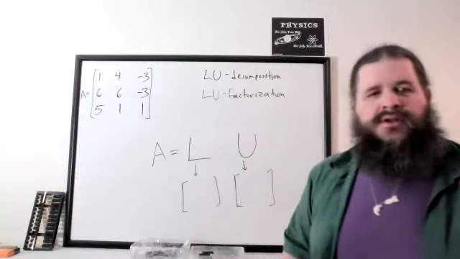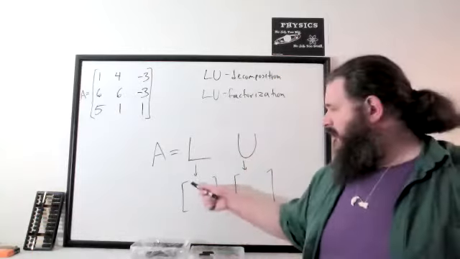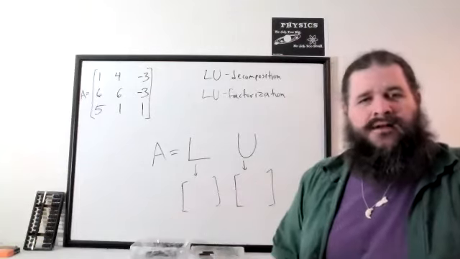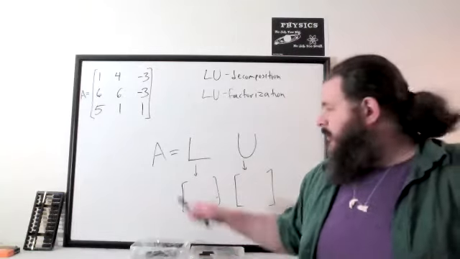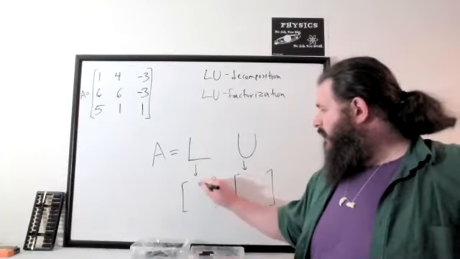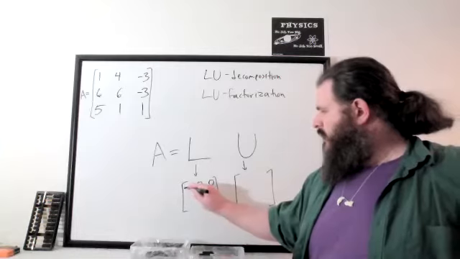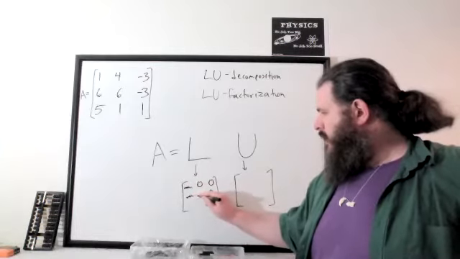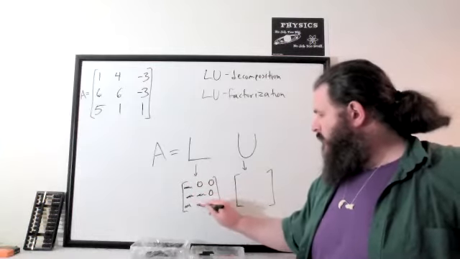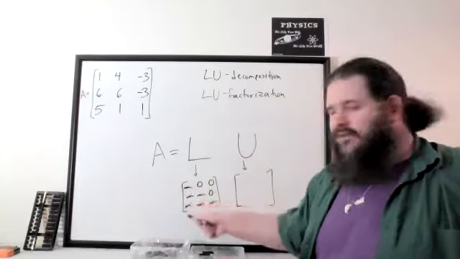So L being purely lower triangular means we can have stuff in the lower triangle below the main diagonal. We might or might not, but the important thing is everything above the main diagonal must be 0. And then you could have anything on or below the main diagonal. You don't have to have non-zero numbers down here though.